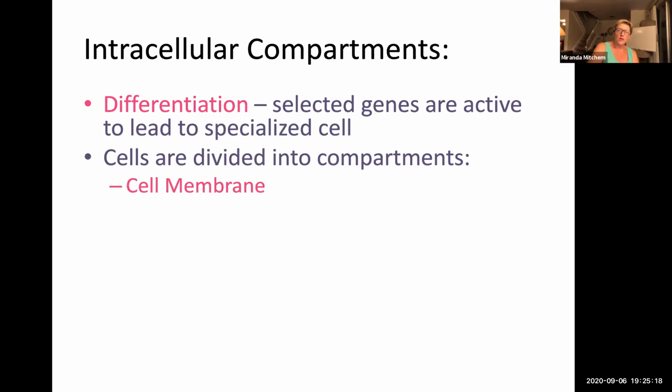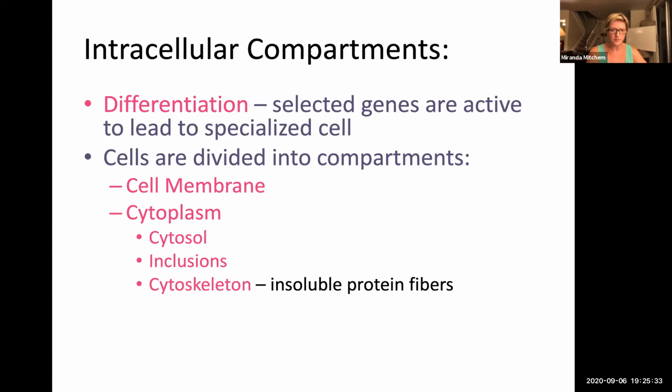All right, so if we look at the different compartments of cells, of course, the cell membrane is one of those. And then we would have the cytoplasm, which would include the cytosol, as well as inclusion bodies. We'll get to what those are. And then the cytoskeleton and the various proteins that are utilized to help support that cytoskeleton. So cells are divided into major components.